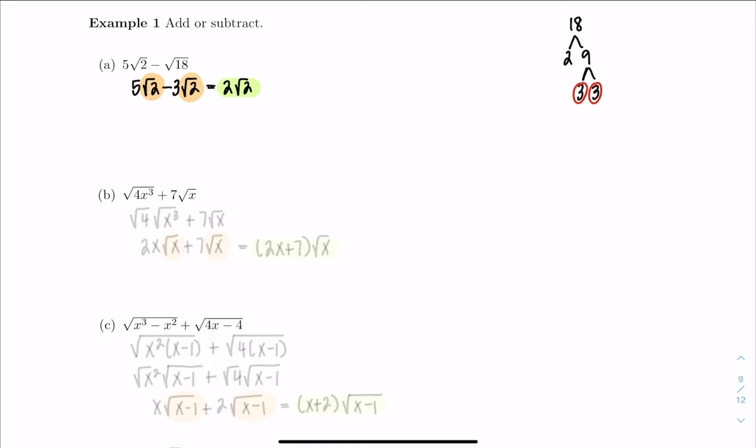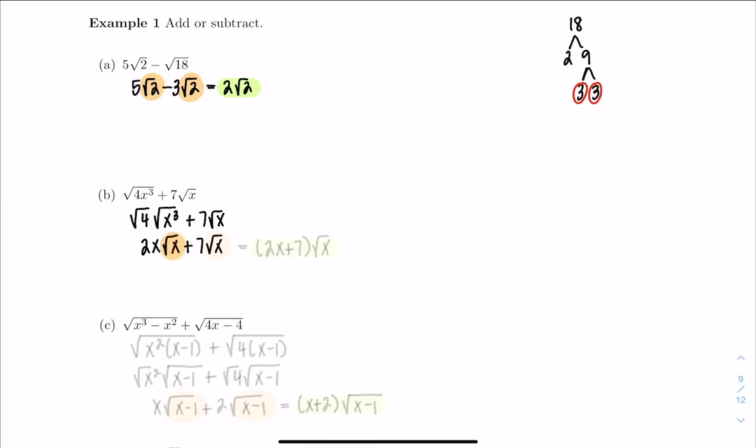Same idea goes for the next one. We can rewrite the first radical. That's the square root of 4 and the square root of x cubed. And we can't do anything to simplify the second radical. In the first one, we end up getting a 2, and we can simplify the square root of x cubed as x square root of x plus 7 square root of x.